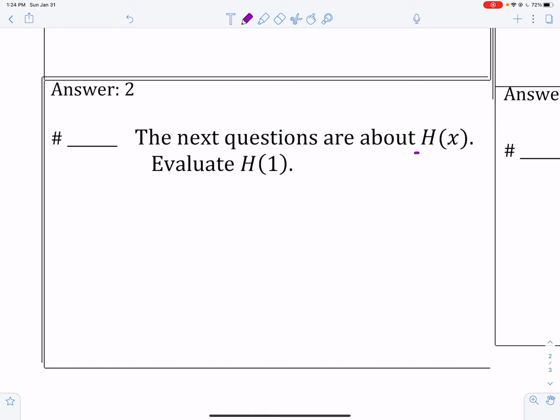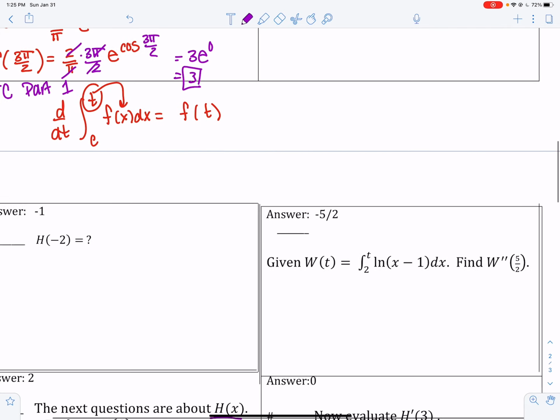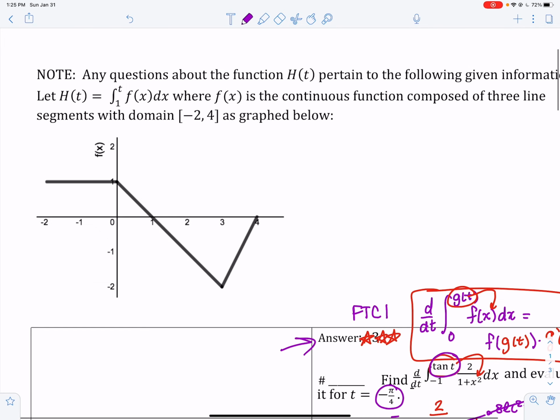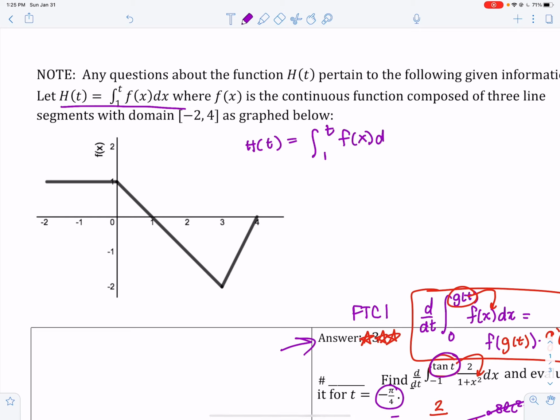The next questions are about h of x, the graph that's up there in the handout. Evaluate h of 1. Okay, so the graph given is that h of t is the integral, or the area underneath the curve from 1 to t of the piecewise function below.